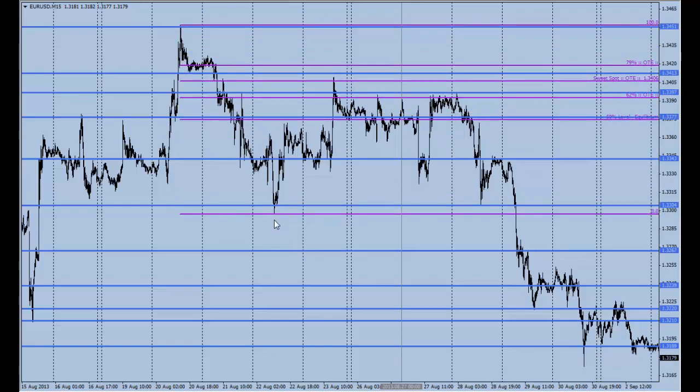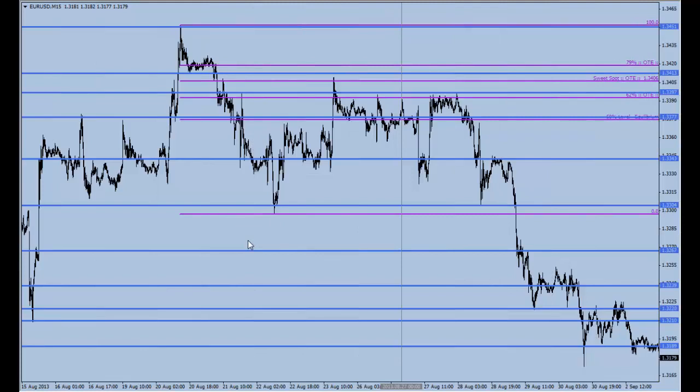Again, because I'm not a fan of support and resistance, I'm not going to draw. I'm sorry, I shouldn't say that. I'm a very, very large fan of support and resistance. I'm just not a fan of diagonal support and resistance in the form of trend lines. But if one was to draw a trend line like this, one could say, here we have a price point, here we have a price point, the trend line breaks here, comes up, retests, goes through it just a little bit, and then it falls off.